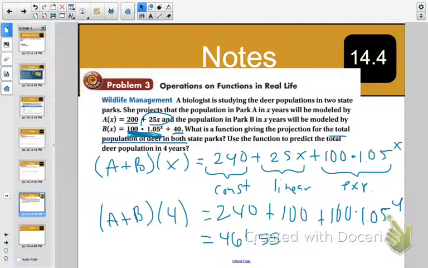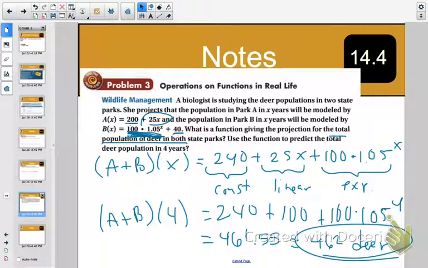And does it say what units this is in? I guess just single units, so about 462 deer in both parks. I was thinking it would say thousands or something like that, but guess not.